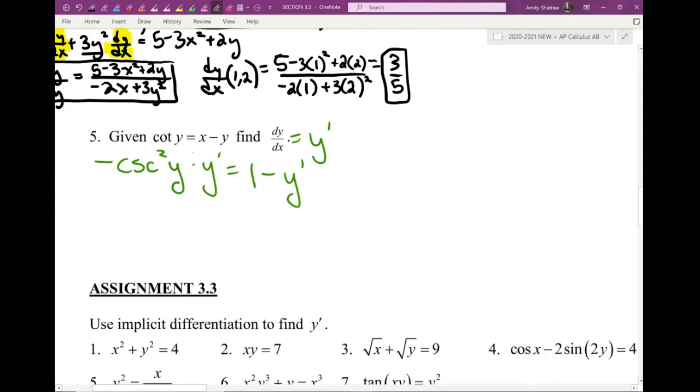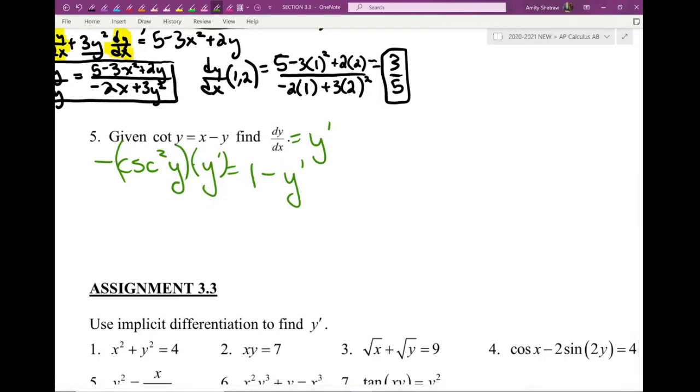This is the moment where I get really super weirded out. I don't like that y prime being behind as a product of cosecant y squared without parentheses there. I explicitly put down the multiplication dot, but I really don't feel like that notation is clear until I put a parentheses there, so that you know that the function cosecant is being squared with an input of y, and that's it.